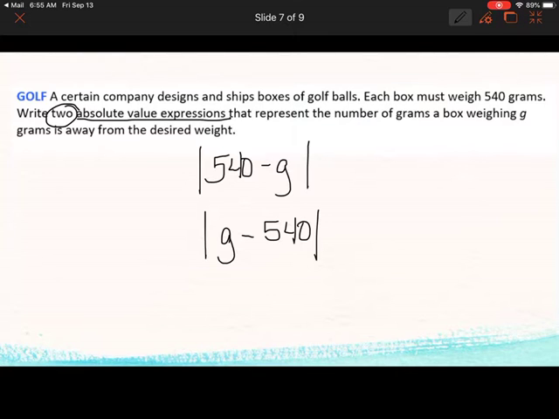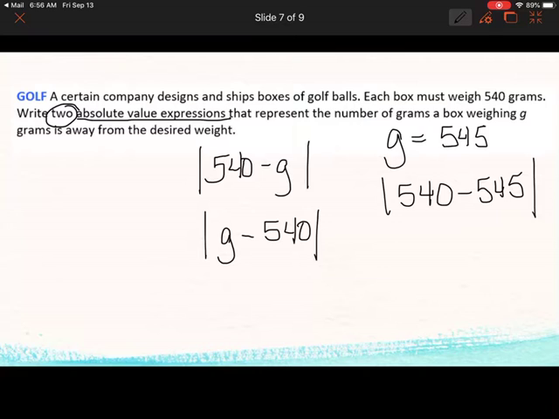So what if I said G was 545? So if I plug that in, let's just prove it. 540 minus 545 is -5.